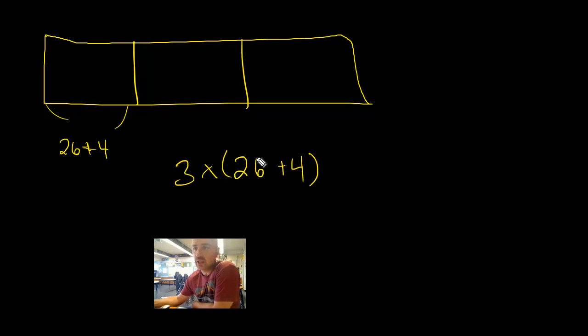Parentheses are necessary because I want to make sure that I'm doing this before I multiply it by 3, right? Because that's what this tape diagram shows. I need 3 of this. I need 1 here and 1 here and 1 here. And so the parentheses are going to make it so that that's done first. Okay, that's why we do the parentheses.